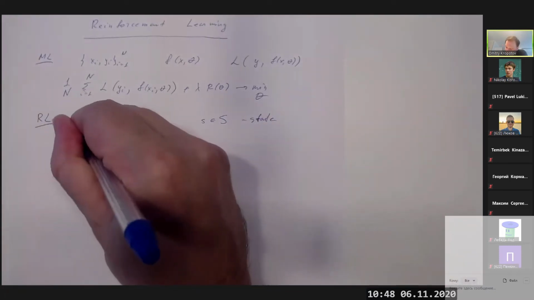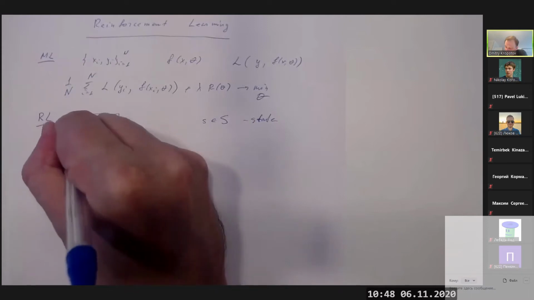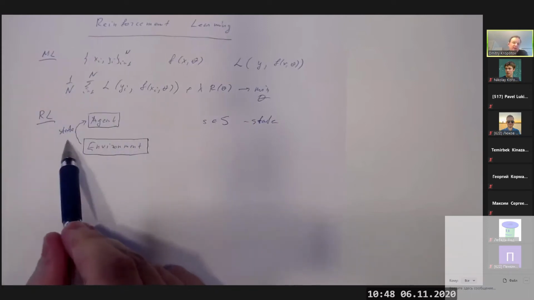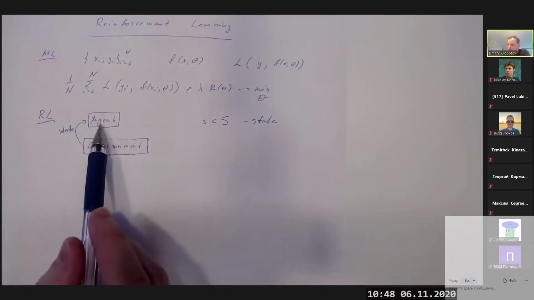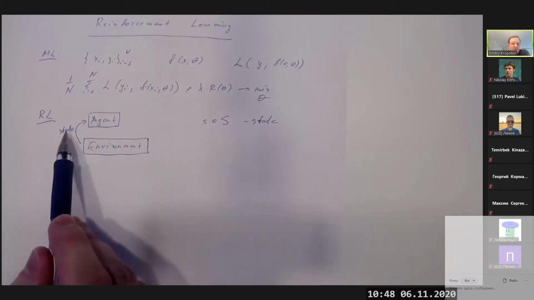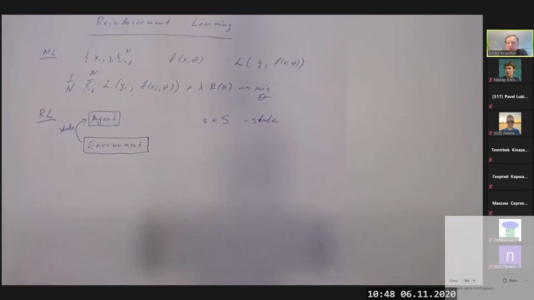And we suppose, for simplicity, that this state is fully observable, fully available to our agent at each time moment. For sure, this is not the general situation. It may be a case that the agent is able to observe only a part of this state or some transformation of this state. This is the case which is called a partially observable environment.